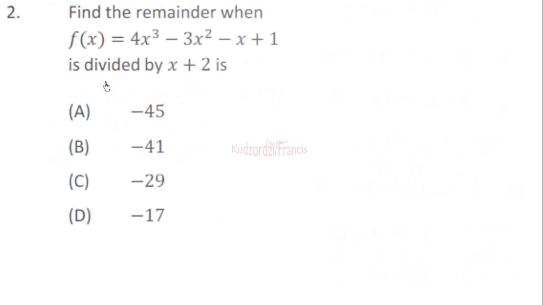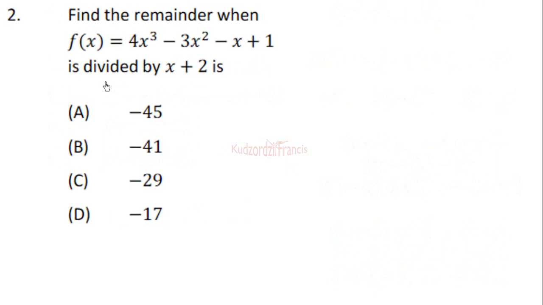Now let us proceed to the second question. Find the remainder when f of x equals 4x cubed minus 3x squared minus x plus 1 is divided by x plus 2.